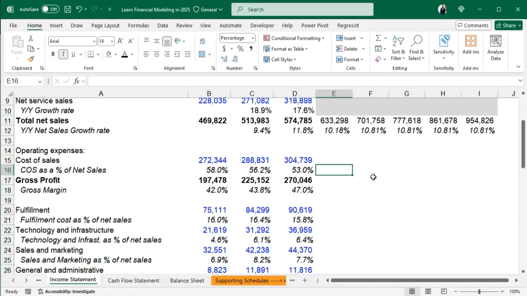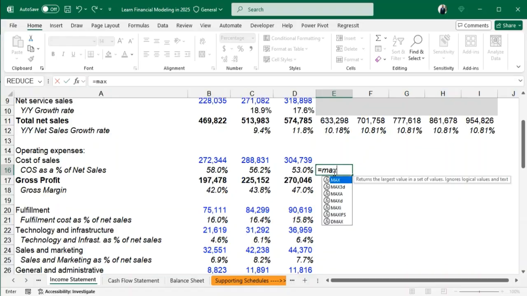The second approach is to take the maximum ratio among the three historical ratios, and that is what we call the conservative approach. It is found by using the max function in Excel. So you can use equals MAX, which returns the highest value in a set of numbers.